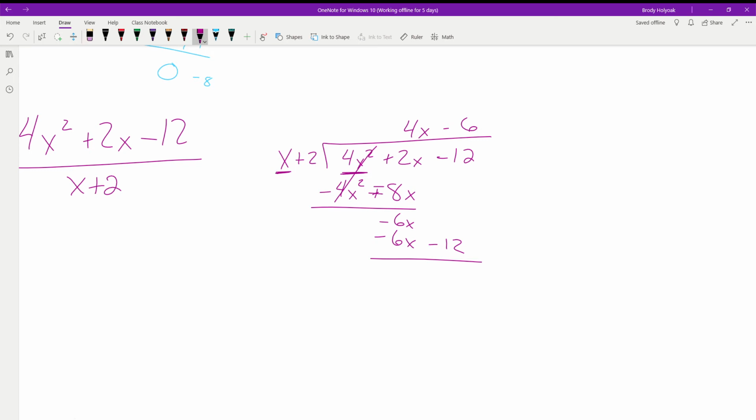Then we're going to subtract this whole value. This becomes positive, this becomes positive. And this should have dropped down too.